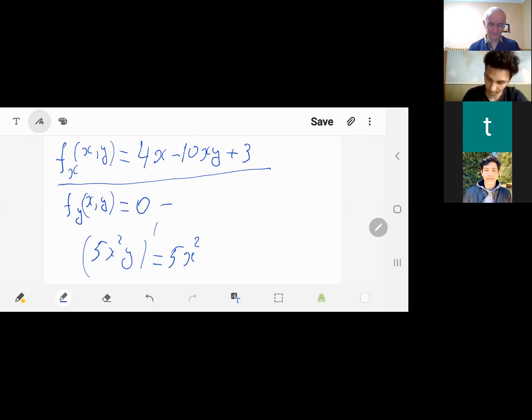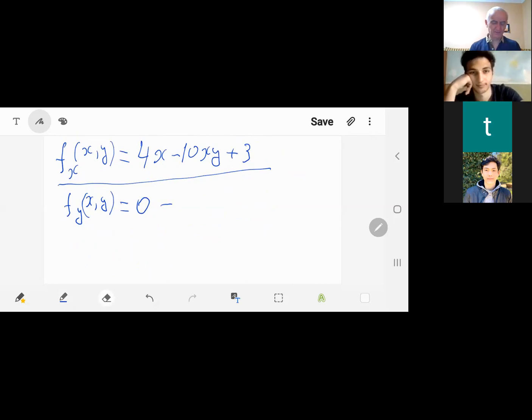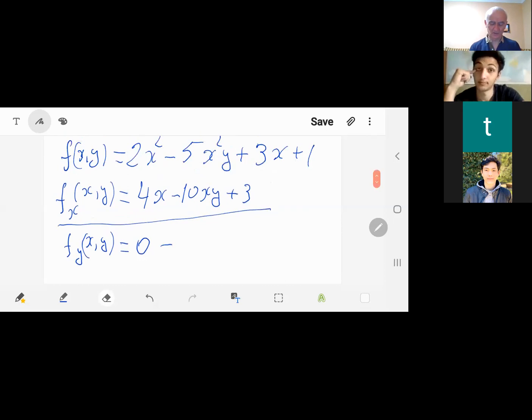X squared times the derivative of y. So here we should agree with Sandro. It's not 0, but 5 times x squared, because the derivative of y is 1.